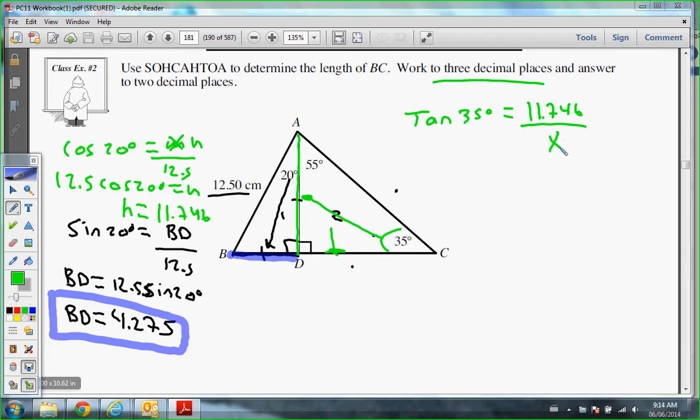Okay, so like the last problem, we're just going to do a little switching around. The x will come up here, the tan 35, they're pretty much going to switch places. Like that. Let's call it DC. Okay, and then you put that in your calculator. DC will get you 16.775.